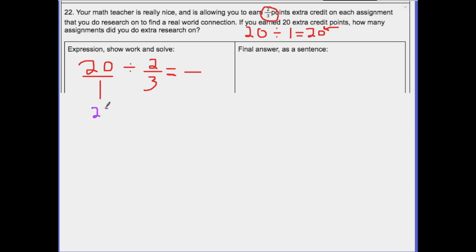So we'll have to go ahead and flip that second fraction and multiply. So let's do times 3 over 2. Remember, this is what we want to see. This is a division problem, and the way that we solve it is by the keep, change, flip. So I get 60 over 2. 60 over 2 simplifies to 30.